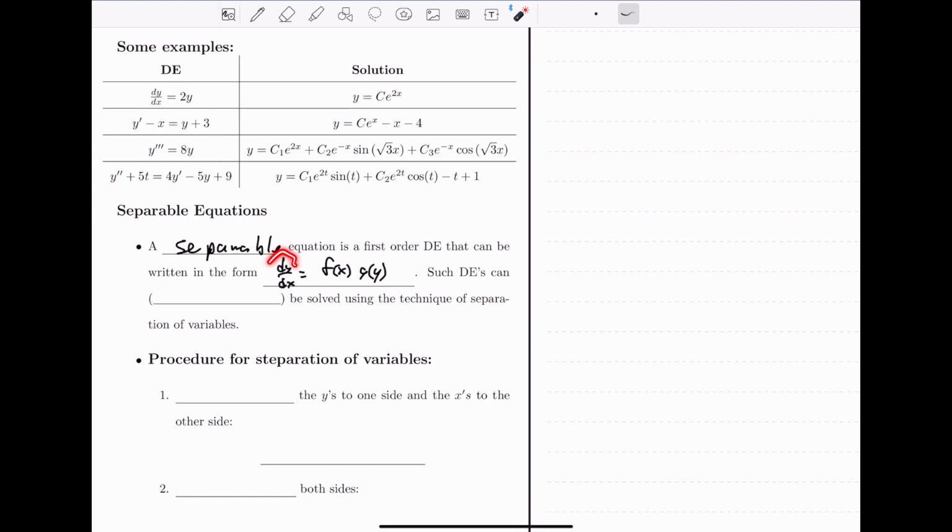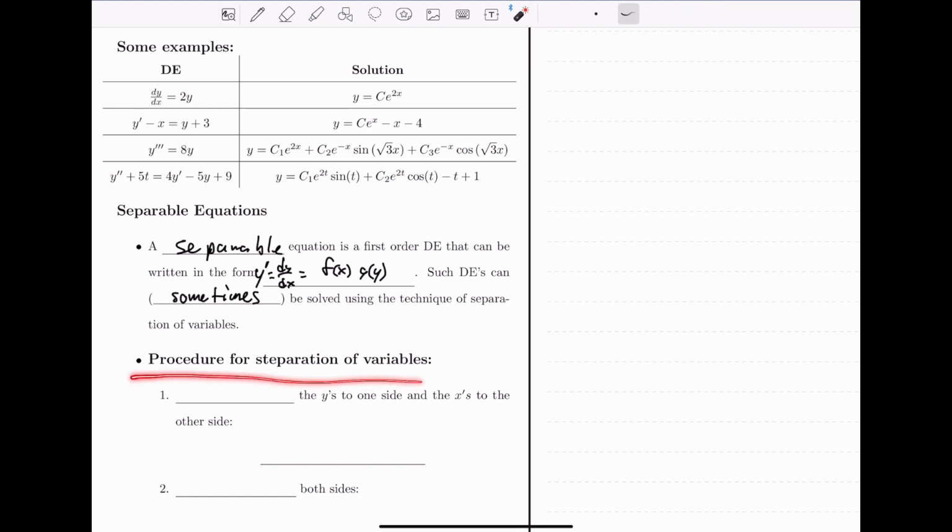And we can write the derivative dy dx, or we could also write this as y prime if we wanted. We can write the derivative y prime as a function of x times a function of y. So we have to have a product here, some function of x times some function of y. These differential equations can, at least sometimes, be solved using the technique of separation of variables.